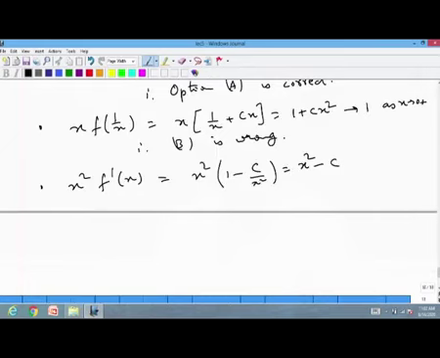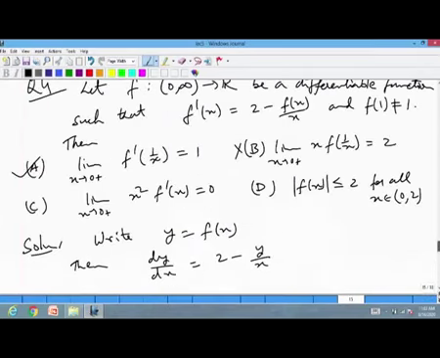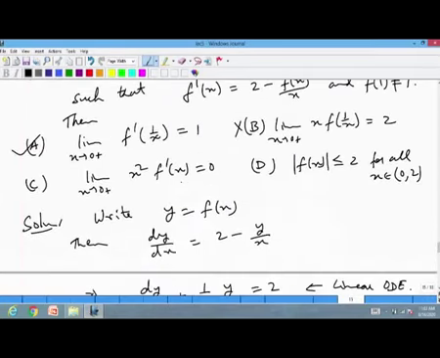So, therefore, limit of x approaching 0 plus x square times f prime x is equal to minus c, and we know that c is non-zero. So, minus c is not equal to 0, but option C is saying that this limit is equal to 0. So, this is wrong.